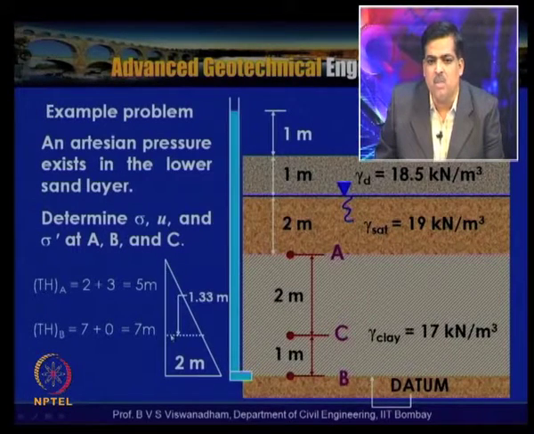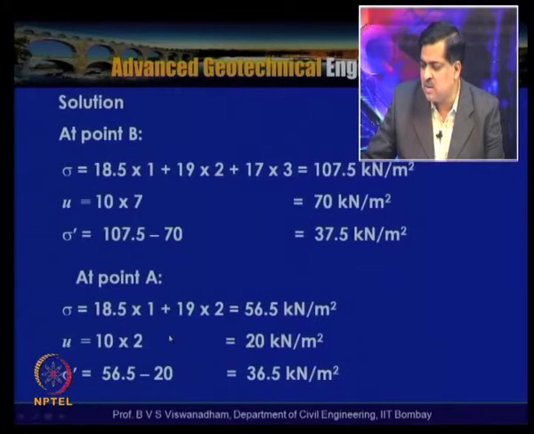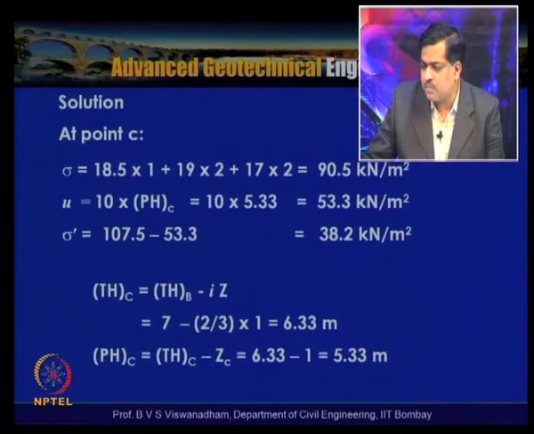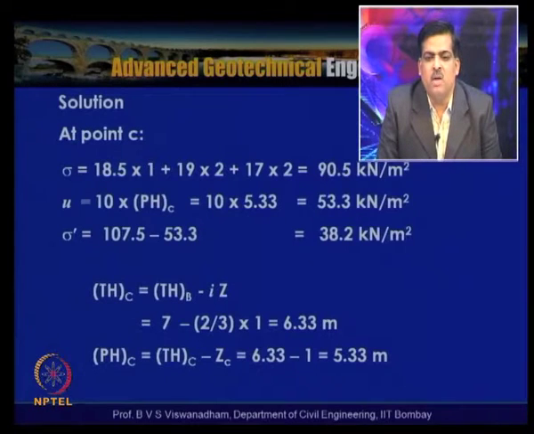But here, the head which is available is 1.33 meters. So we can write the pore water pressure as 10 into 5.33, which is 53.33 kilonewton per meter square. The effective stress is total stress minus pore water pressure, which is 38.2 kilonewton per meter square.